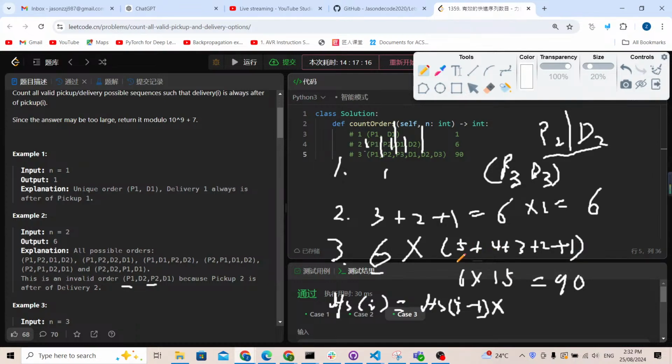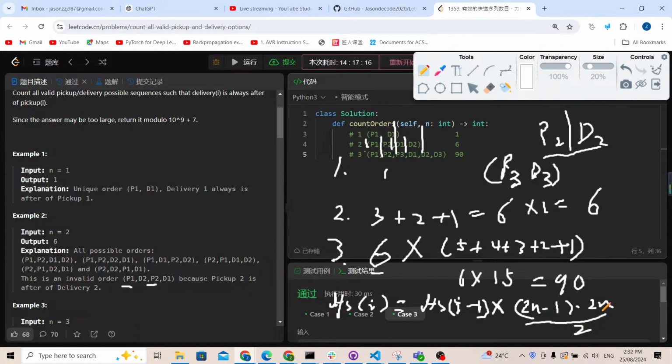So what about this 5? This 5 is 2 times n minus 1. So it is 2 times n minus 1, and times 2n divided by 2. So this is going to be the formula.